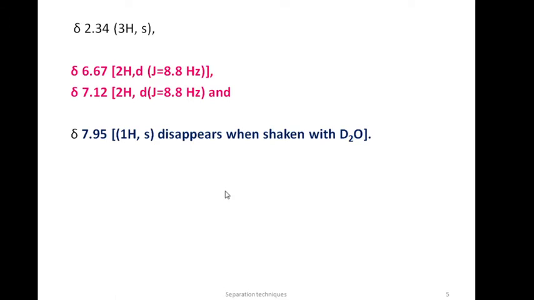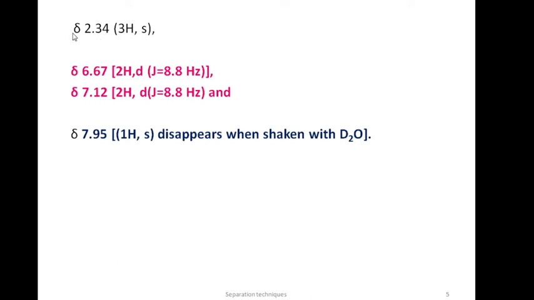In NMR, 6 to 8 ranges aromatic, right? 6 to 8 ranges aromatic. So these signals correspond to aromatic protons. Okay, so these are aromatic, and we have 2 protons and 2 protons.